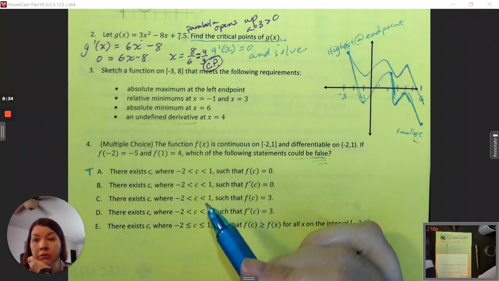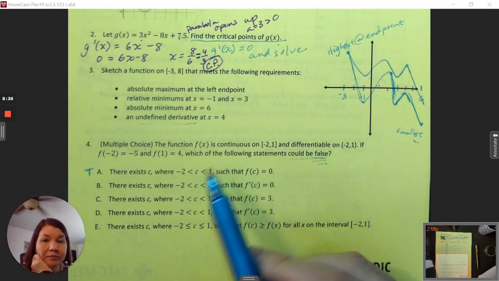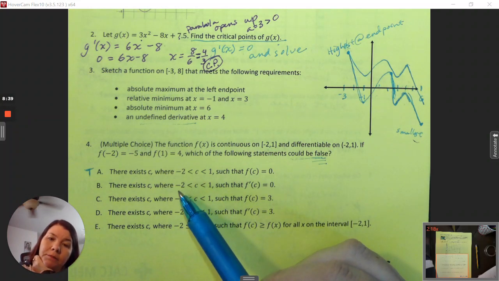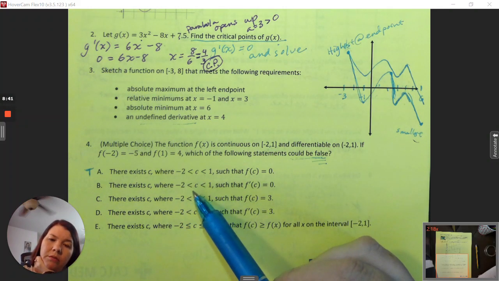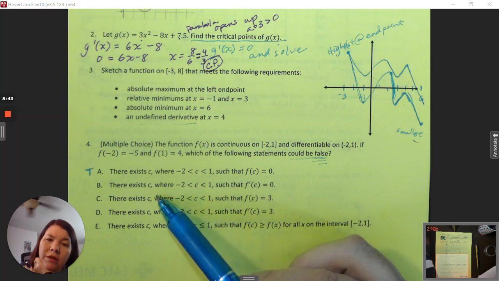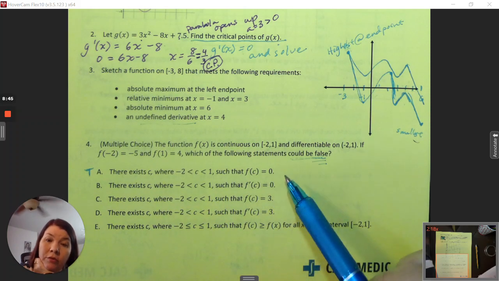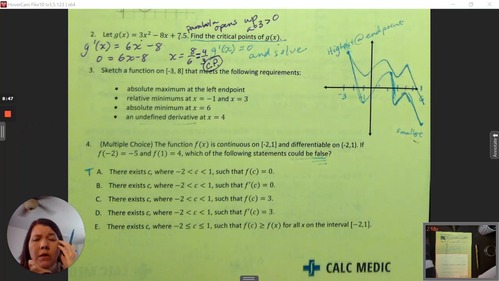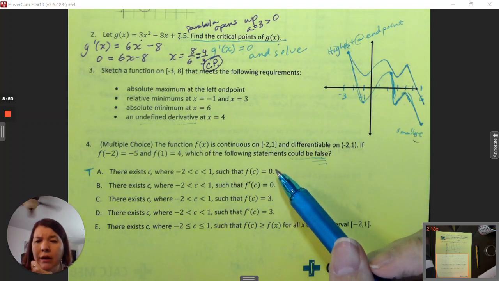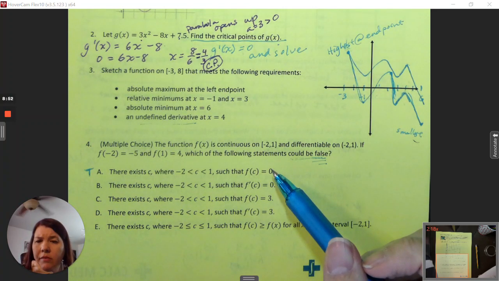Make a decision, by the way, if you haven't already. B: There exists a c between -2 and 1 such that the derivative has to equal 0. Which would mean that it would have to turn around somewhere in that interval.